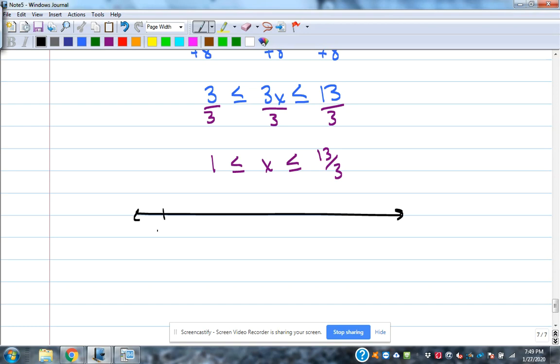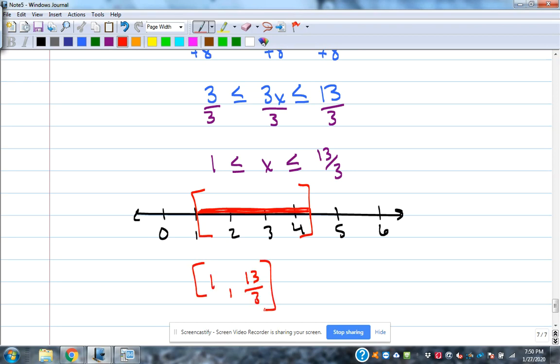So I'm going to have 0, 1, 2, 3, 4. I'm just going to go up to 6 because I had room. Around the 1, I'm going to put a bracket. And around 4 and 1/3, which would be about right there, put a bracket. And then my answers are in the middle because it's an and problem. The interval notation is bracket 1, comma, 13 over 3, bracket.